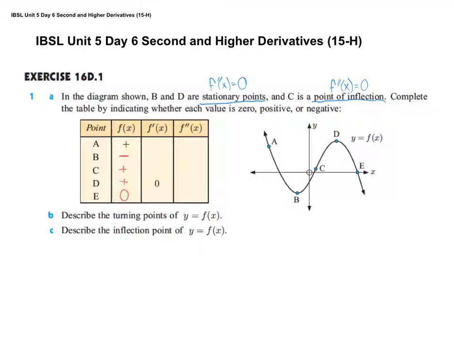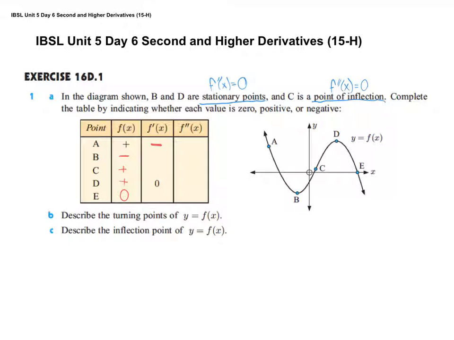Now, let's think about our first derivative. The first derivative is telling us whether we are increasing or decreasing. So at A, what are we doing? Decreasing, so F prime is negative.